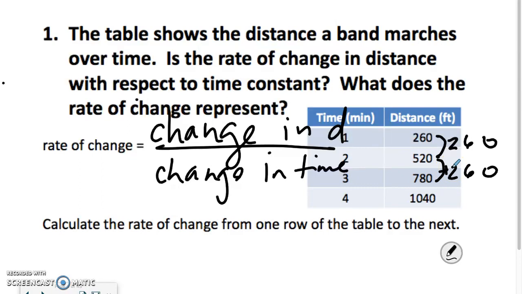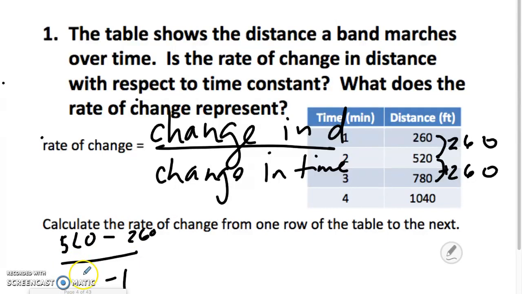So how can I calculate the rate of change from one row of the table to the next? Since our rate of change is the change in the distance over the change in the time, from 1 minute to 2 minutes, our change in distance is 520 minus 260 over 2 minus 1.